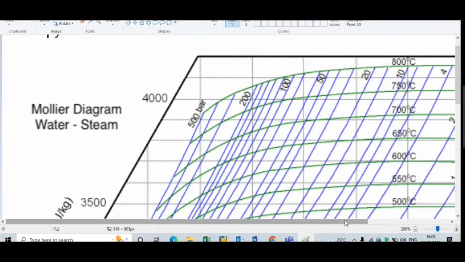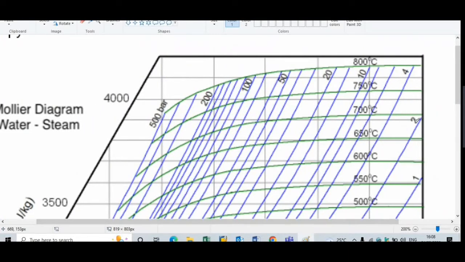Now if we observe on the Mollier diagram, here is the 2 bar pressure, 4 bar, and then here is the 10 bar. So in between 4 and 10 there are two lines. Here the number is 6 and here the number is 8. Now in between this 6 and 8 there is the pressure of 7 bar. So we have to select the middle point. And now we will find out the temperature of 200 degrees Celsius.